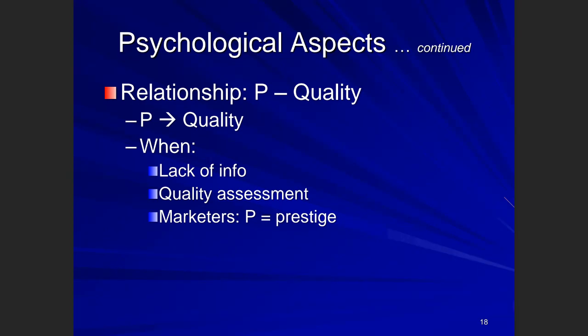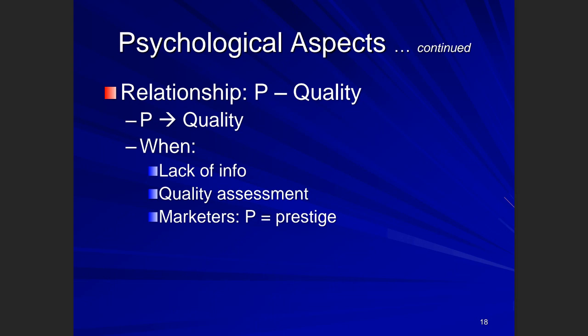So it's an interesting relationship from that perspective. So they will make those assessments on quality based on price. And they will also defer to price when there is difficulty in making those quality assessments.